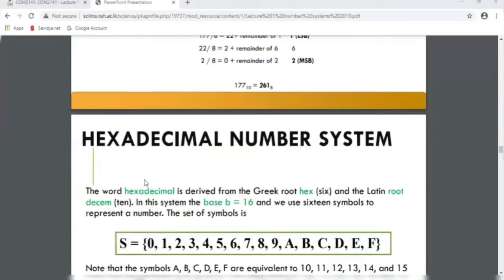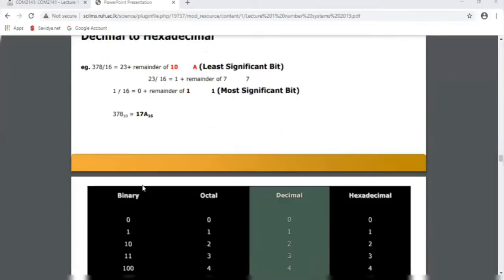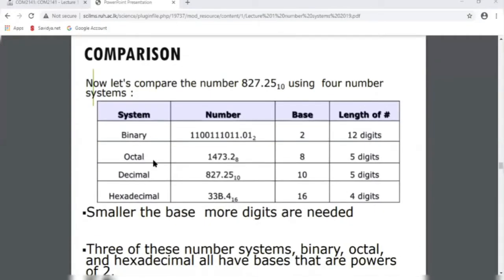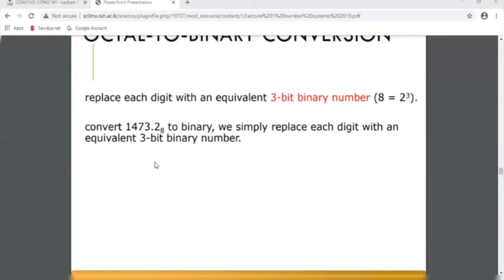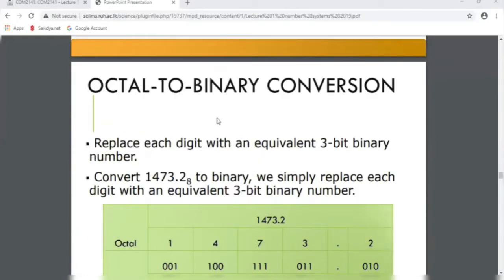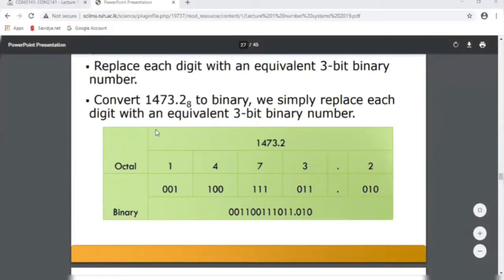And we talked about the octal number system and the hexadecimal number system. Then we talked about how we can interchangeably convert between these numbering systems, octal to binary as an example. If this is the octal number, you have to take each and every digit and convert it into a 3-digit binary equivalent.